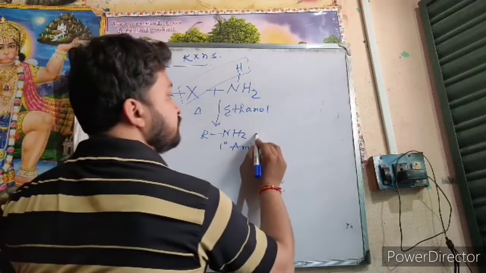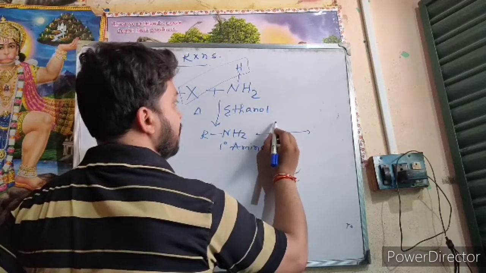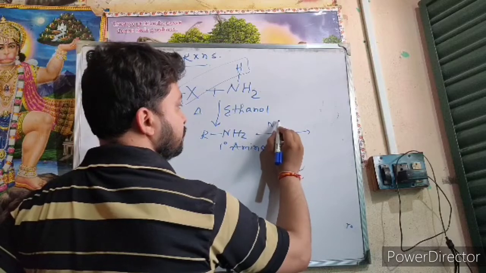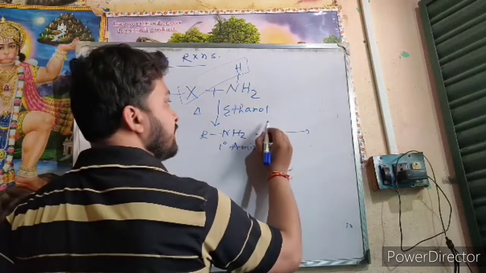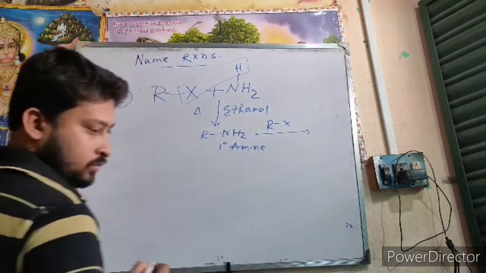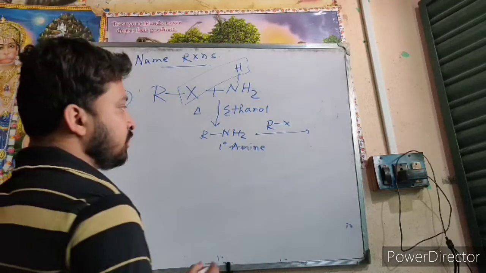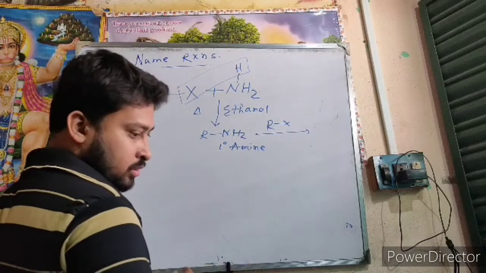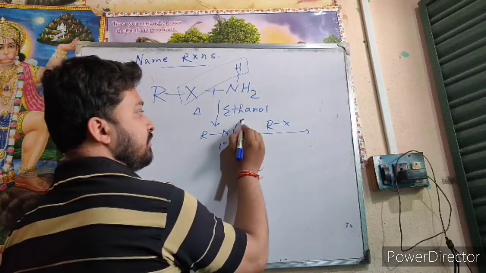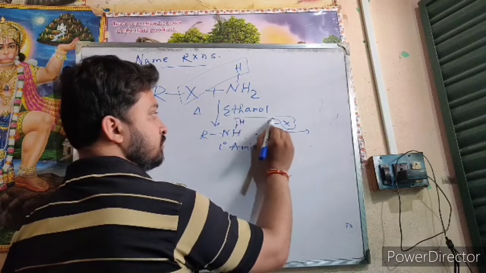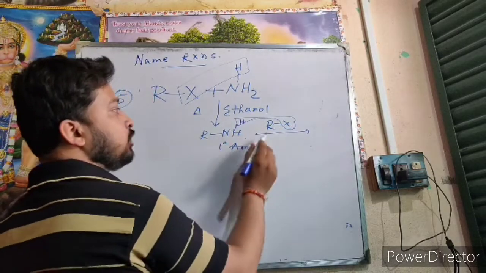Then you use ethanol and heat with ammonia and RX again. You get a product where one HX is removed, so the product is R2NH.